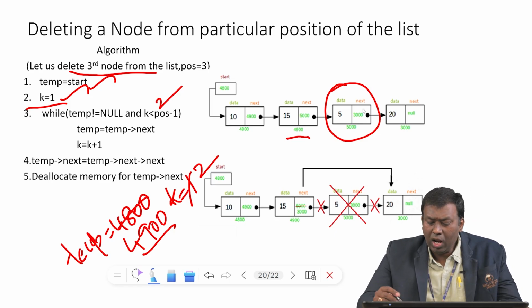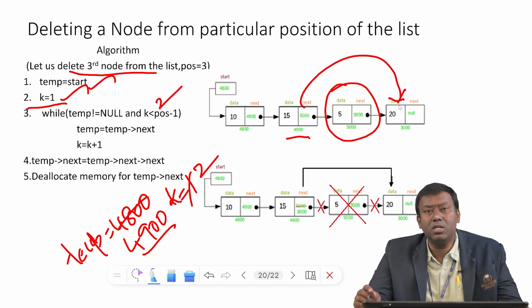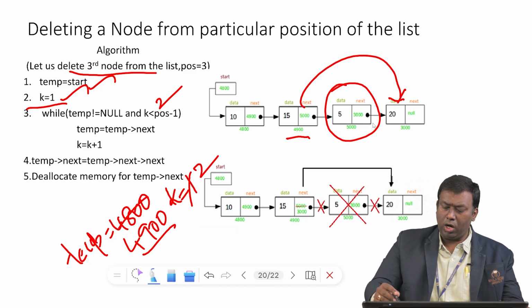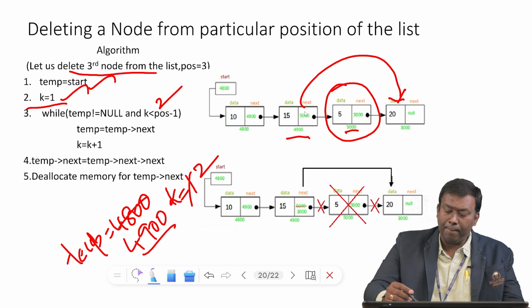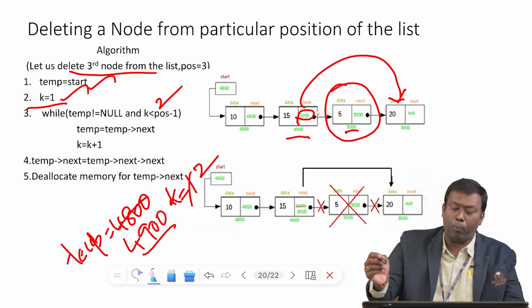Now what do I need to do? When I want to remove the third node, the second node should directly point to the fourth node. In order to make the second node point to the fourth node, whatever address is present in 5000, I should get that into the second node's pointer address.